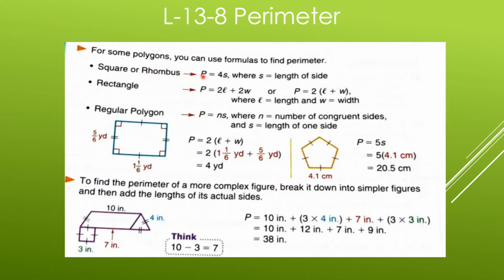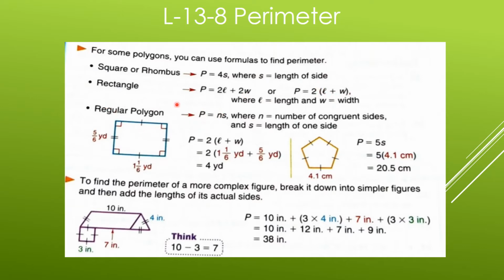That means perimeter is equal to 4s, because you can add s plus s plus s plus s, it will be 4s. For the rectangle, two opposite sides are equal, and these two are equal. This is called the length, and these are the width. Then 2L plus 2W is equal to 2(L plus W).